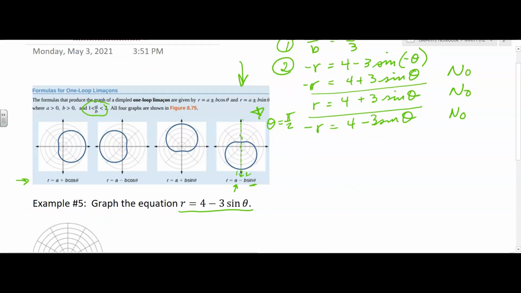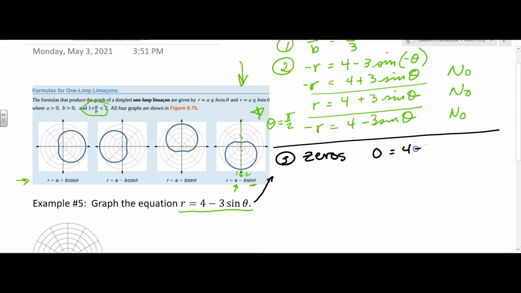Now we need to find zeros, right? So let's think about setting our function here to 0. So step 3, try to find a 0 or zeros. So I'm going to have 0 equals 4 minus 3 sine theta.